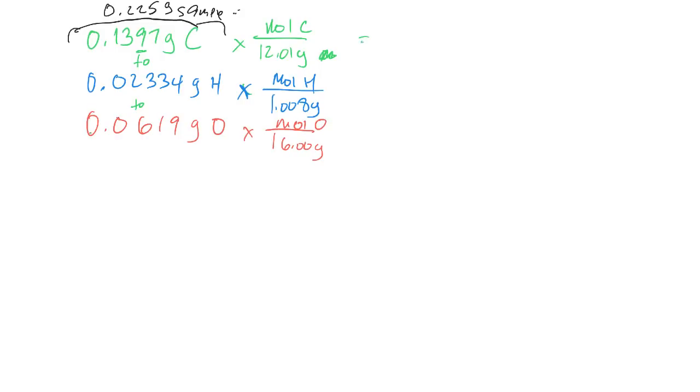Okay, we work this out, and we get 0.01163 moles of carbon. We get 0.02319 moles of hydrogen.